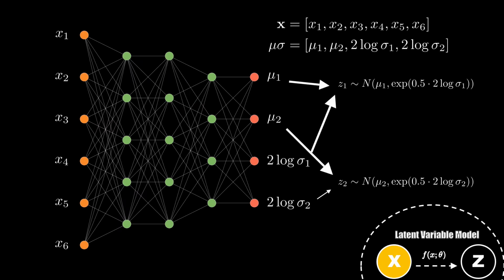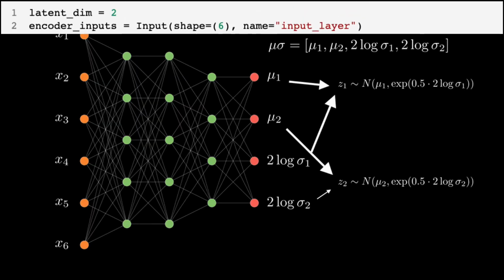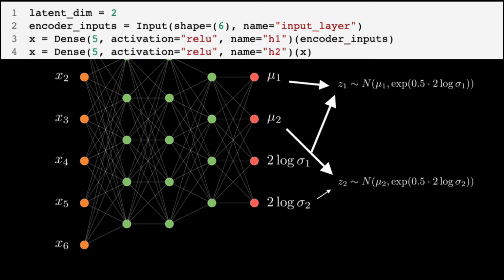Now, enough theory and background. Let's see all of this in the form of code. I'm going to use Keras to write our neural network, but similar concepts are going to be applied for PyTorch as well. This is our first layer, the input layer that takes a 6-dimensional vector.